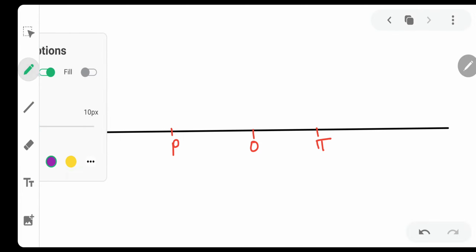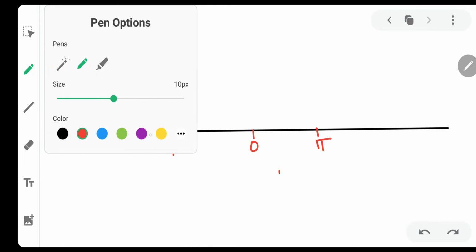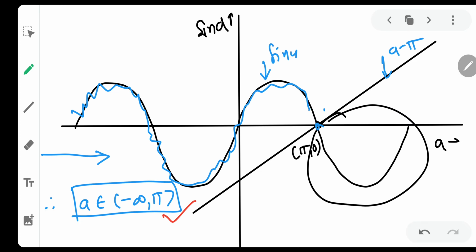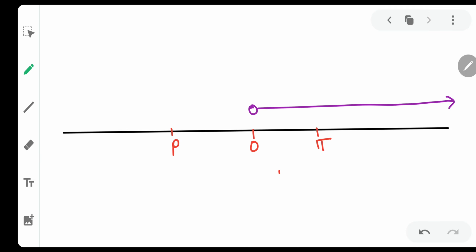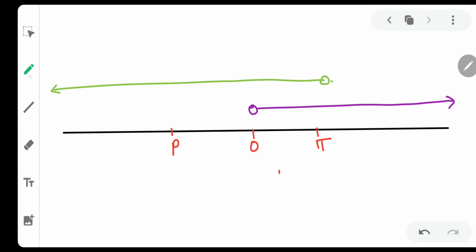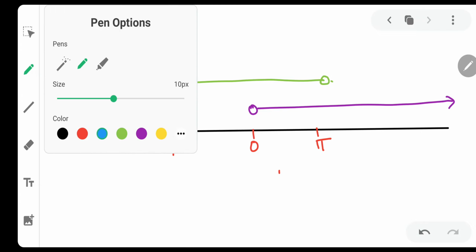Very sorry, I did not change the color. 0 to infinity answer is like this, isn't that right? Then the second inequality is minus infinity to pi. Let me do it with green, minus infinity to pi. Now the third inequality is p to infinity. I will do it with some blue color.